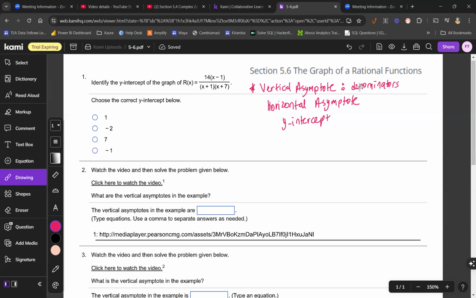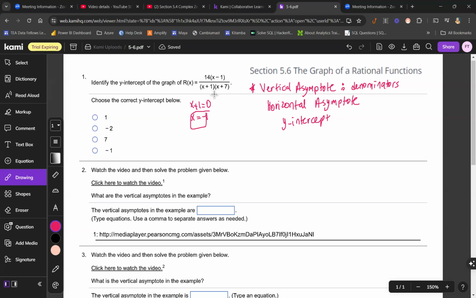So, for example, for this question, the very nice thing is the denominator is already factored. One factor is x plus 1. We need to see when this becomes a 0. When x equals negative 1, if we use x equals negative 1 in this function, the denominator becomes 0.